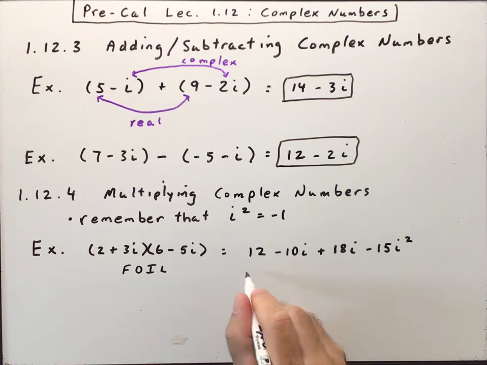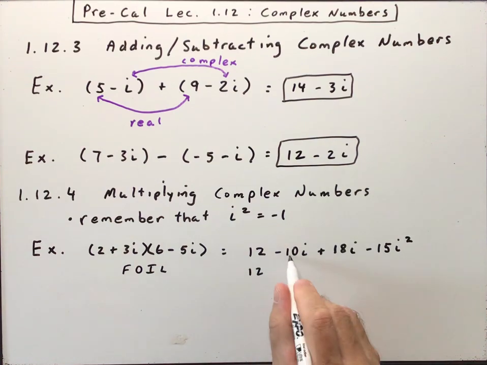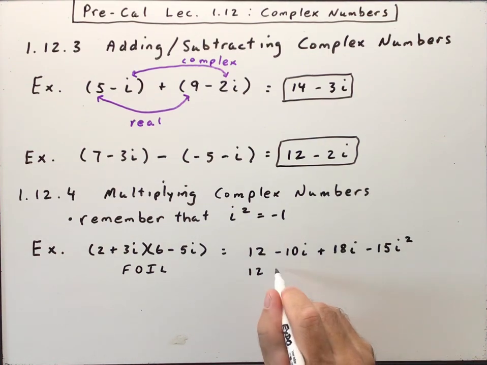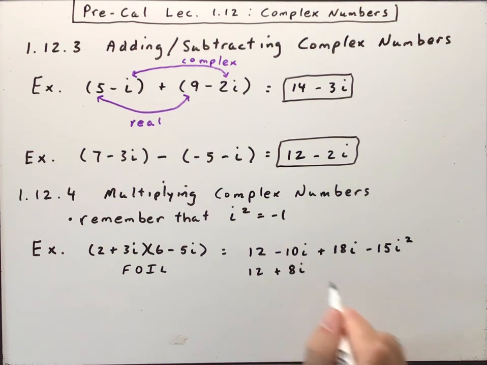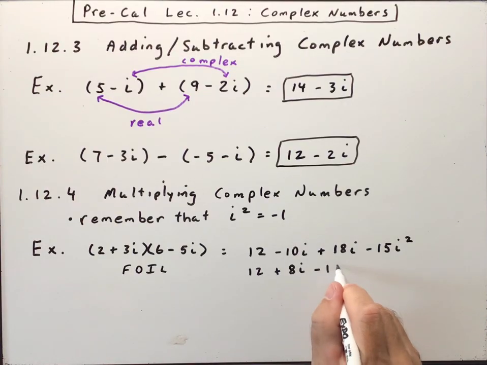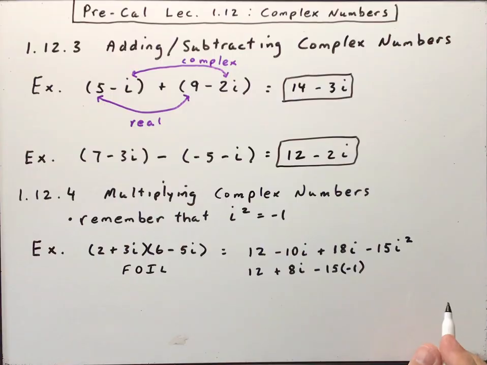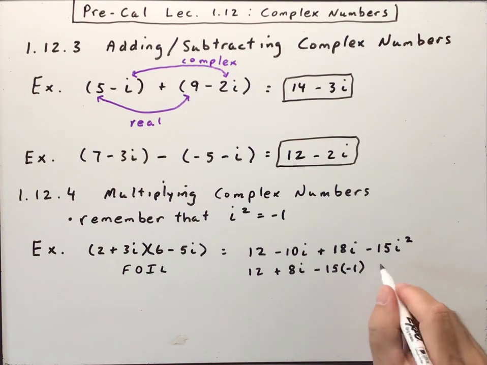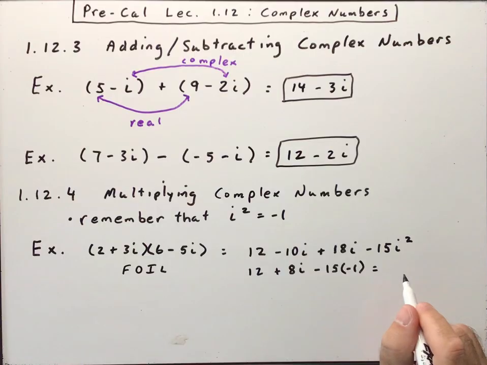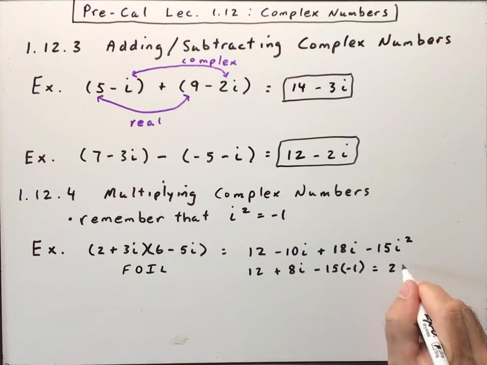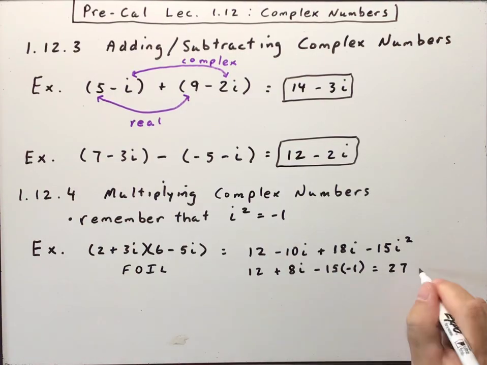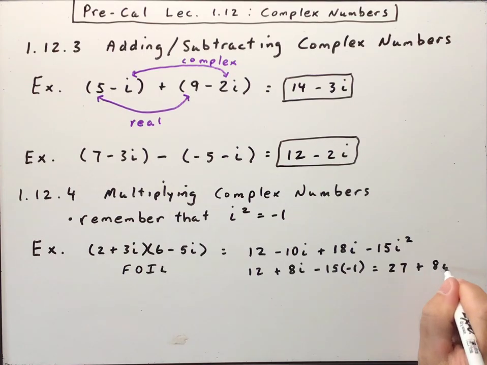Okay, so this is going to be 12, -10 plus 18 would be plus 8i. And then minus 15, and remember i squared is -1, so times -1. Well, that's going to be 12 plus 15, right? So that would be 27. So the real number goes first, plus 8i. Make sure to do the real number first.